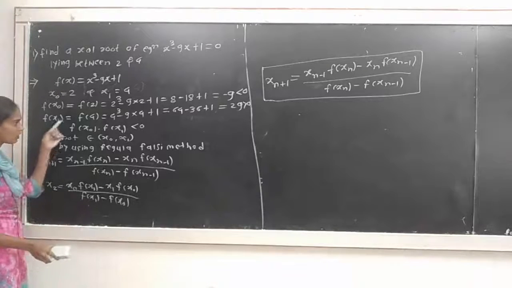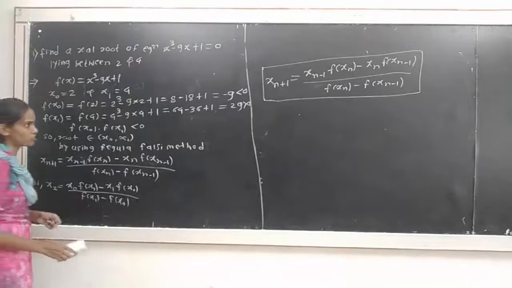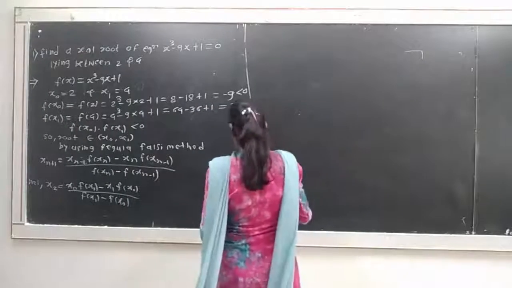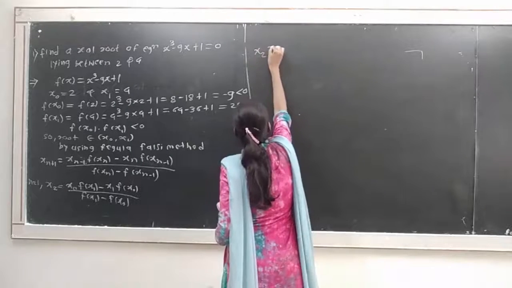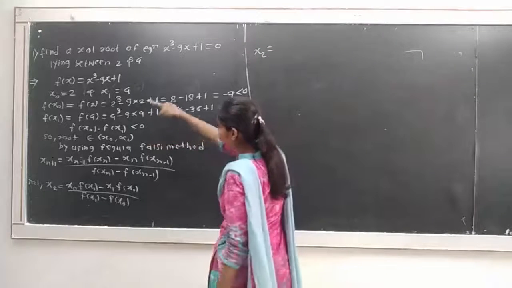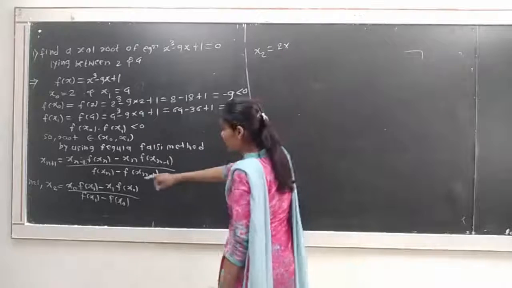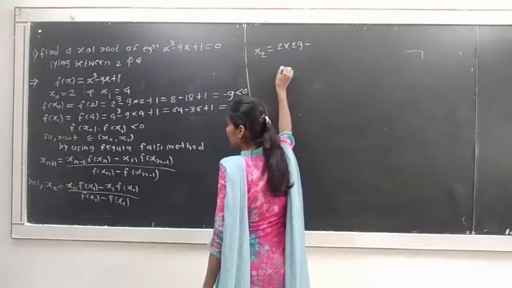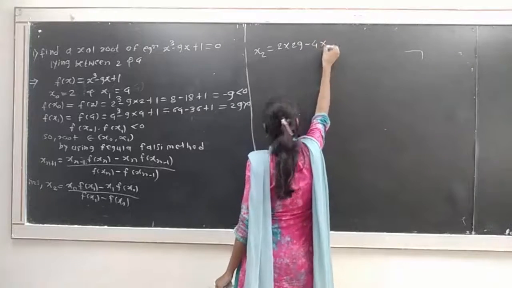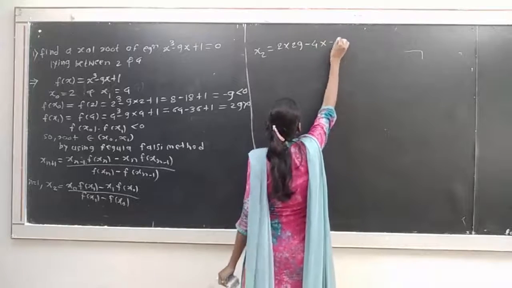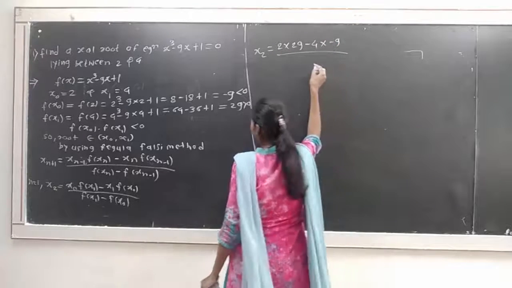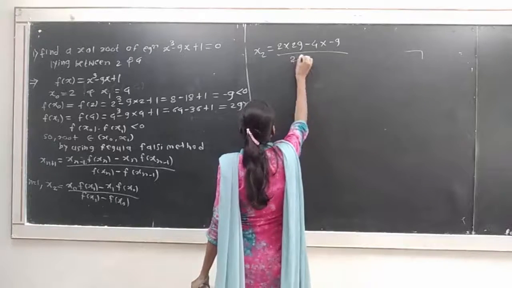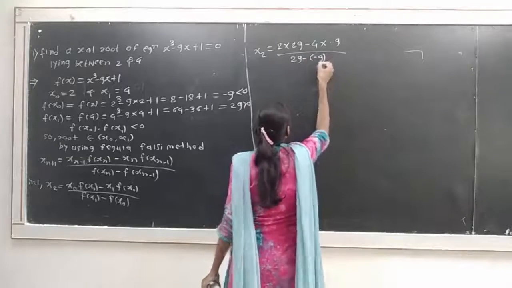Then we put all these values here, we get the next approximate root. x2 is equal to x0 will be 2 into f of x1, that is 29, 2 into 29 minus x1 will be 4 into f of x0 will be minus 9, divided by again f of x1 minus f of x0, that is 29 minus minus 9.